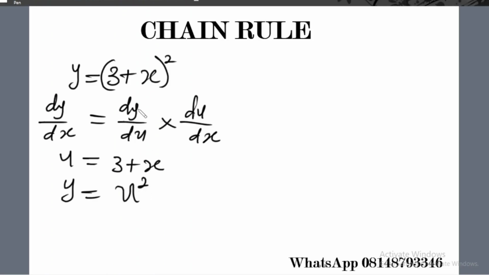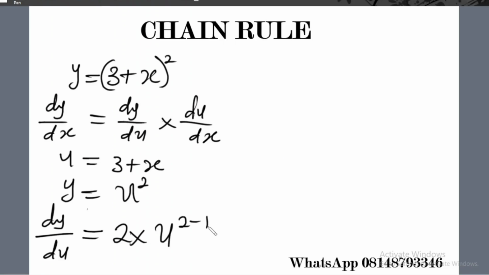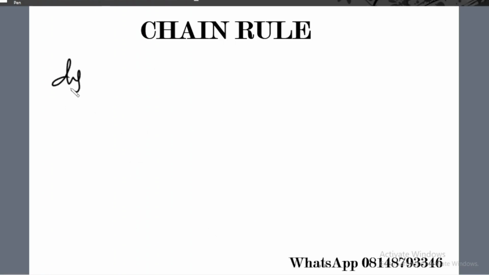Now, let's find dy all over du. Since y equals u squared, differentiating y with respect to u, we have the power, which is 2, multiplied by u, and then the power minus 1, which is 2 minus 1. So dy all over du equals 2u.